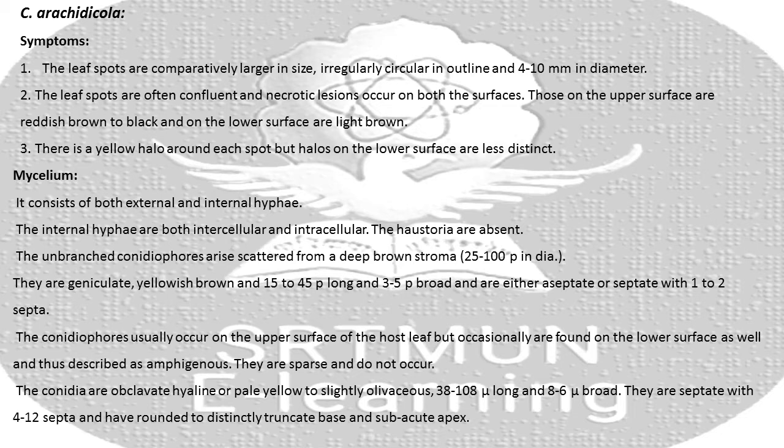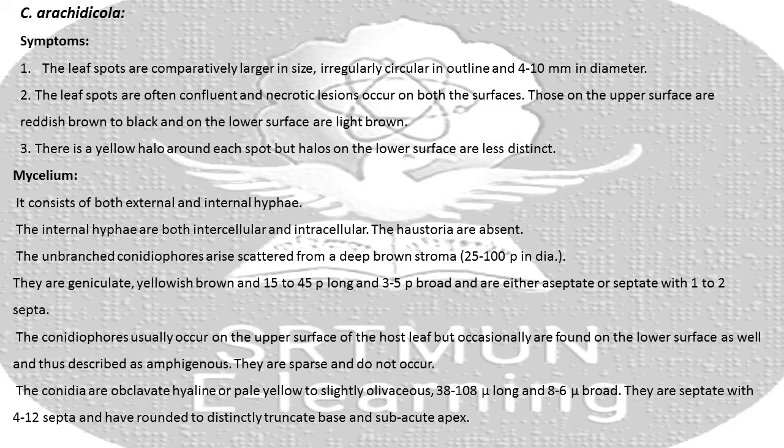Next, the conidiophores usually occur on the upper surface of the host leaf, but occasionally are found on the lower surface as well, and thus are described as amphigenous. They are sparse.